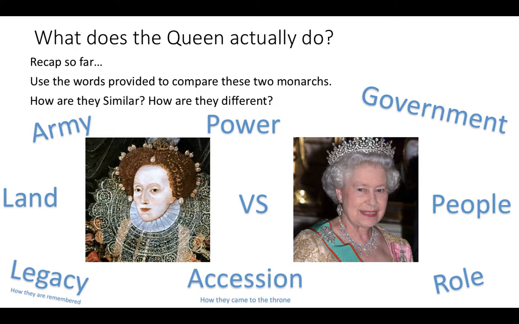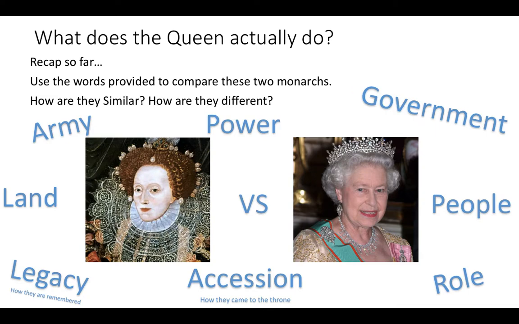Obviously, Queen Elizabeth II has to go to Parliament and they run the country, whereas Elizabeth I controlled the government herself. So there's lots of similarities, but there's also lots of differences. Queen Elizabeth I had more power to make decisions.